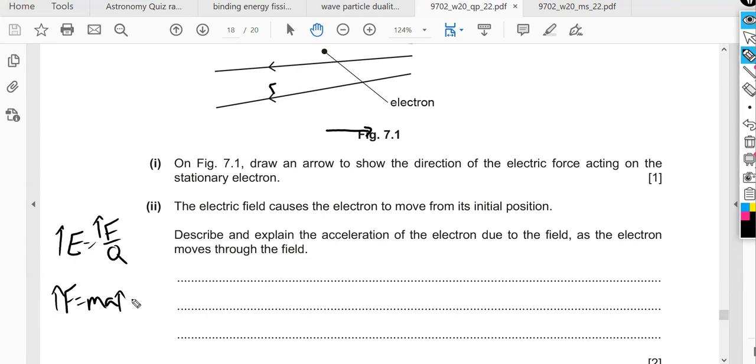The explanation is that because there's a stronger electric force, because it's moving into a stronger electric field. The electric field is stronger at the right. And we know that because the greater density of the electric field lines indicates a stronger electric field, right? Those lines are closer together on this side than they were on the left. And so the electric field is stronger there.